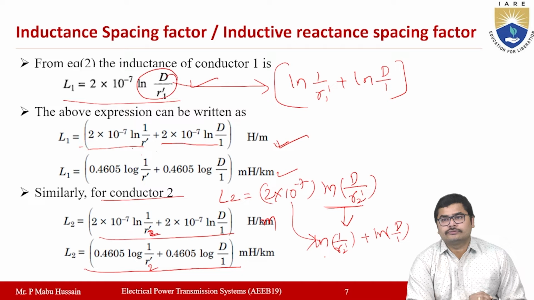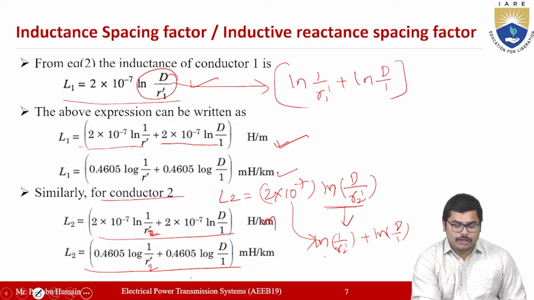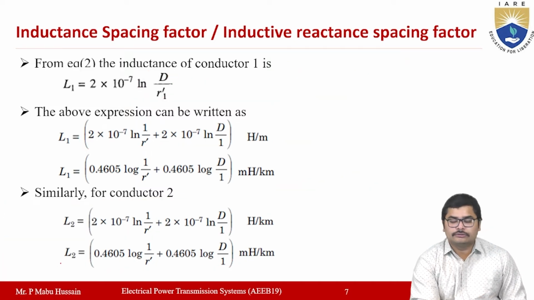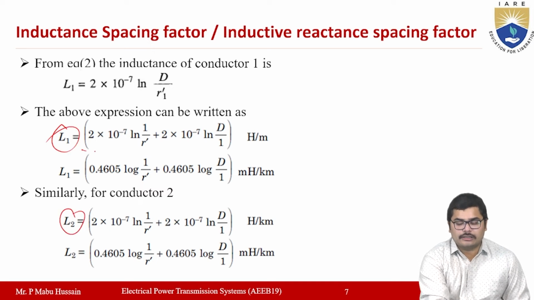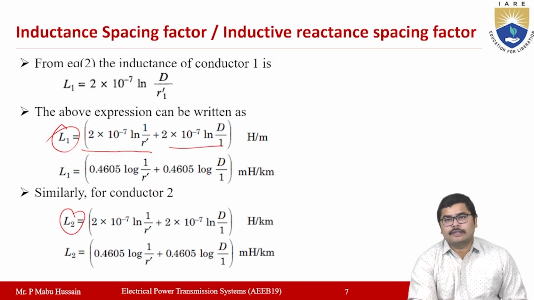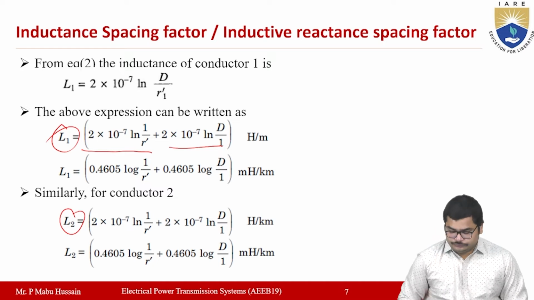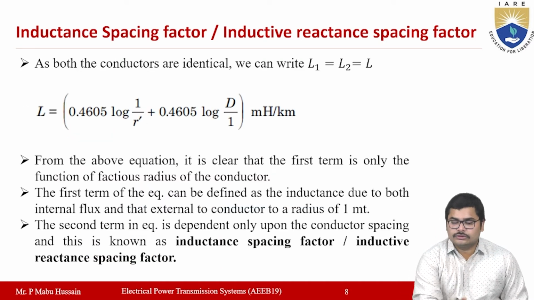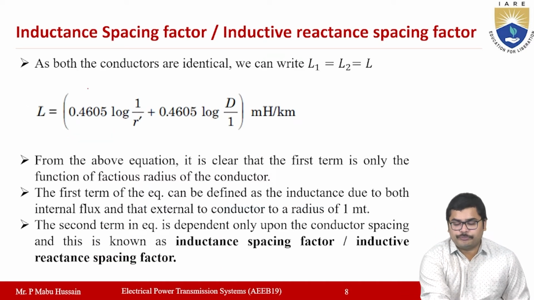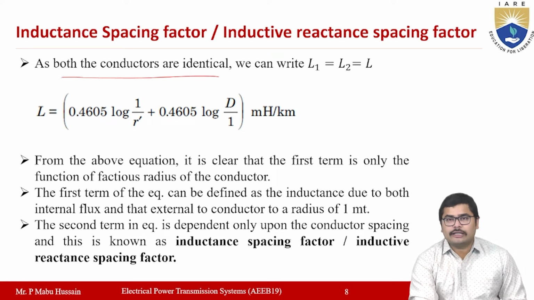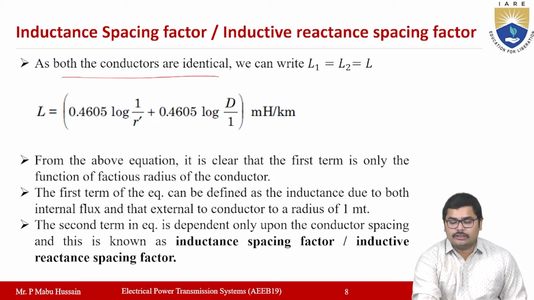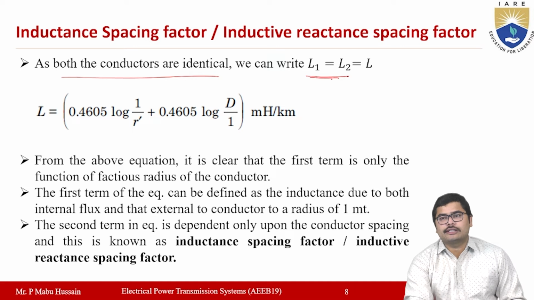If you observe these equations, the inductance L1 and inductance L2 are each divided into two parts: this is the first part and this is the second part. If both the conductors are identical, that means the radii of the two conductors are the same, then the value of inductance will be the same.